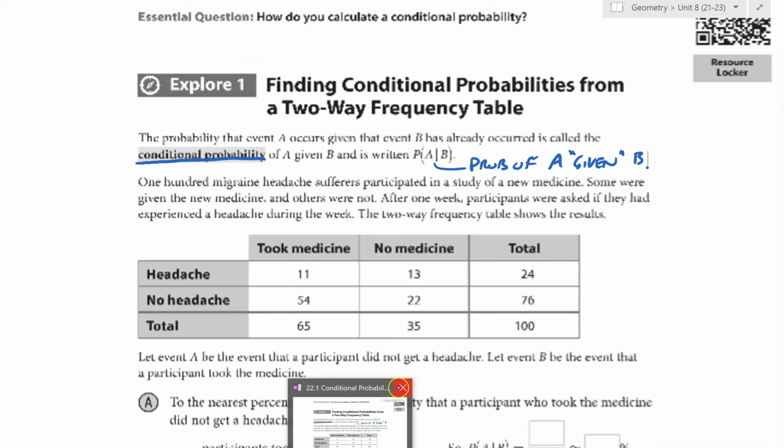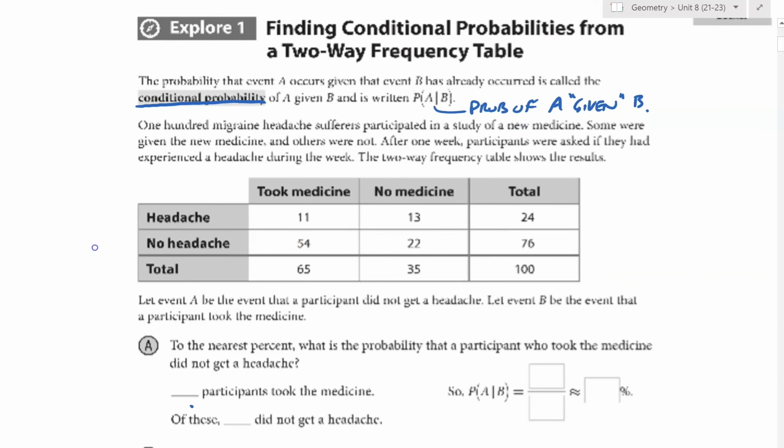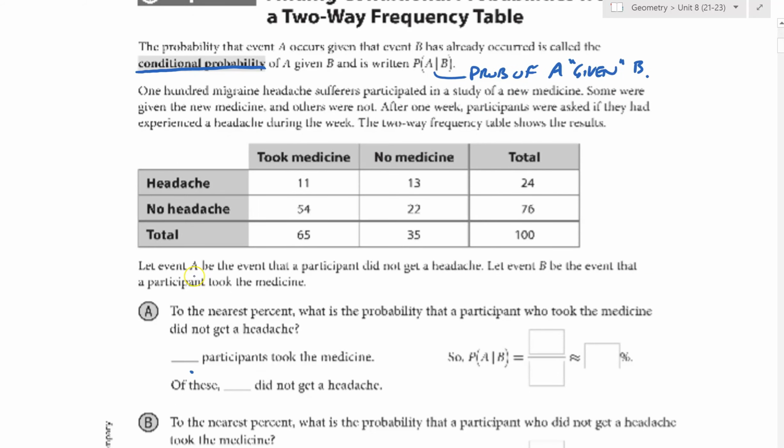And so if we look at this example of including data of who took medicine and didn't take medicine, and how many headaches occurred and how many patients didn't have headaches. If we say that A is the event that the participant did not get a headache, no headache, and let B be the event that the participant took the medicine.